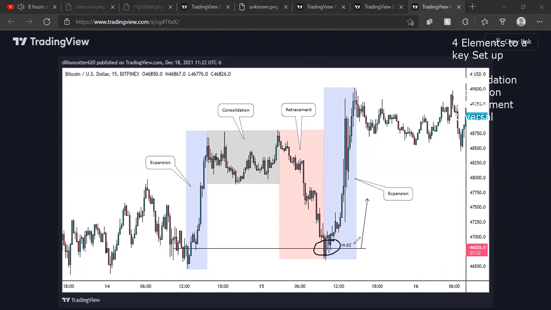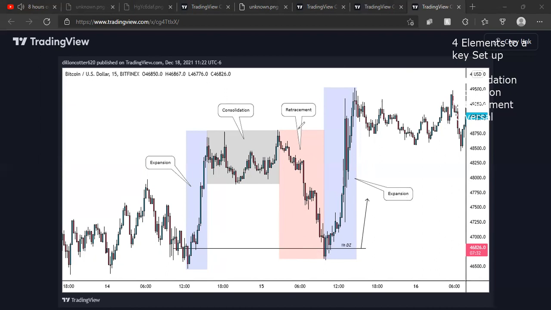We can expect another expansion. And if this demand zone fails, then after this consolidation we're not going to get a retracement. It's going to be a reversal. We're going to break these lows and not have another expansion to the upside.